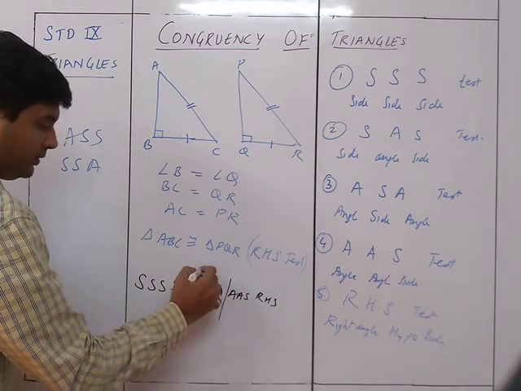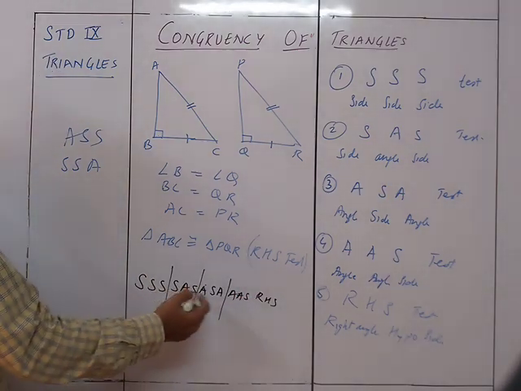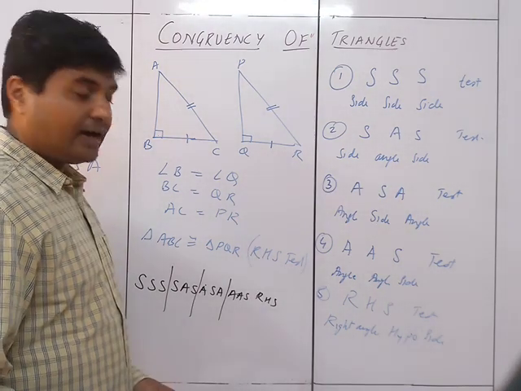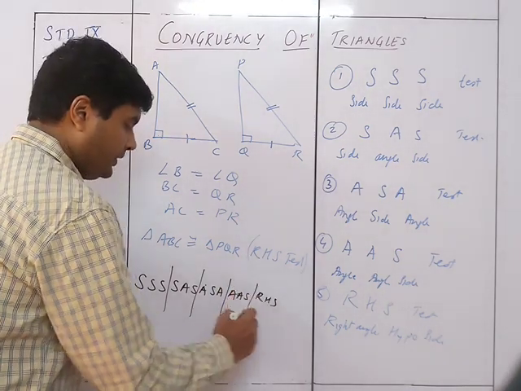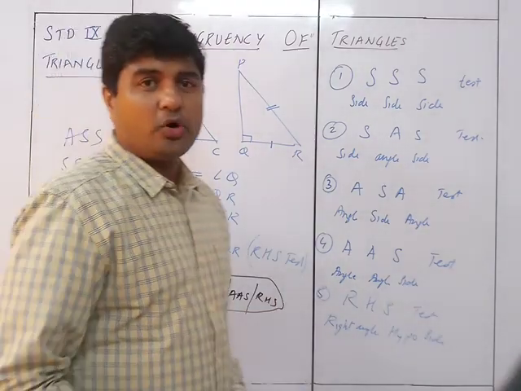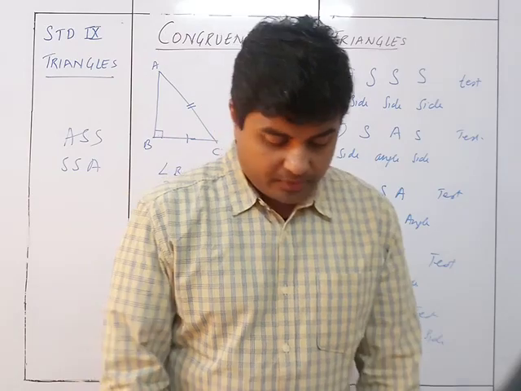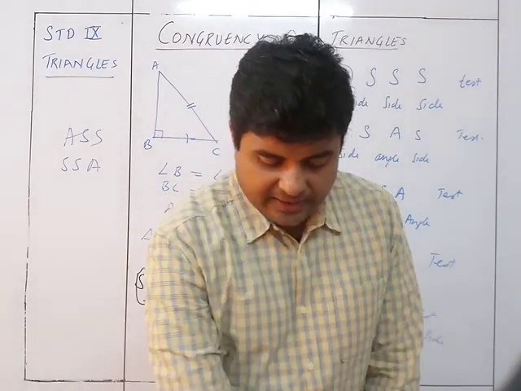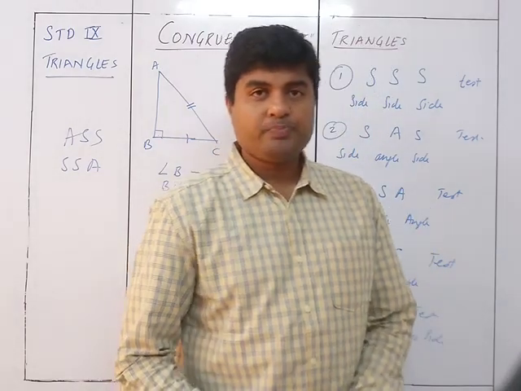So you can see it divided into 3 parts: SSS, SAS, ASA, AAS, RHS. This is the number of tests which are possible for two triangles to be congruent. We will stop here and we will take the exercise and another explanation before the exercise in the next video.